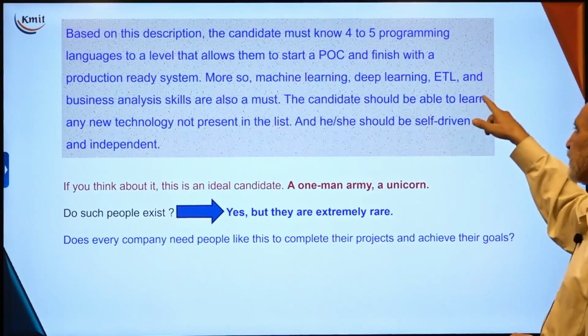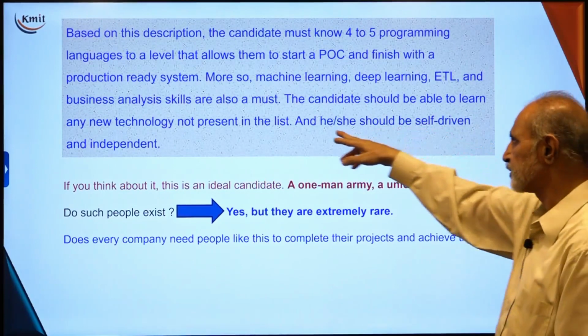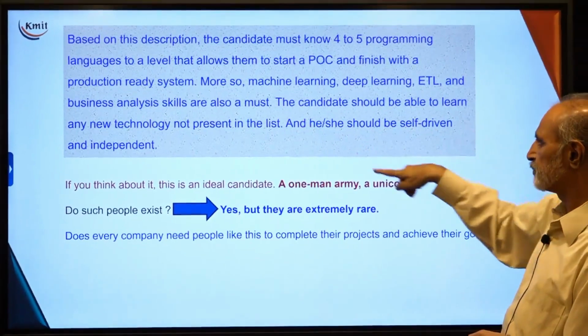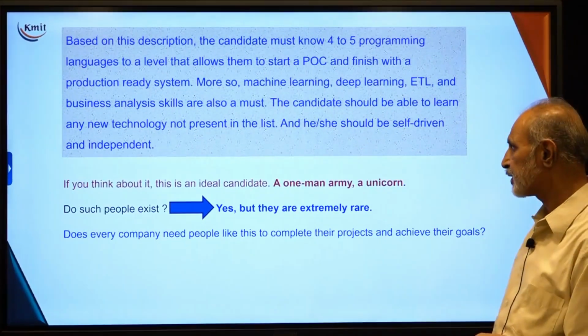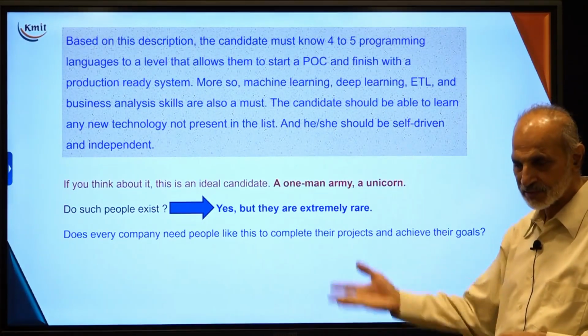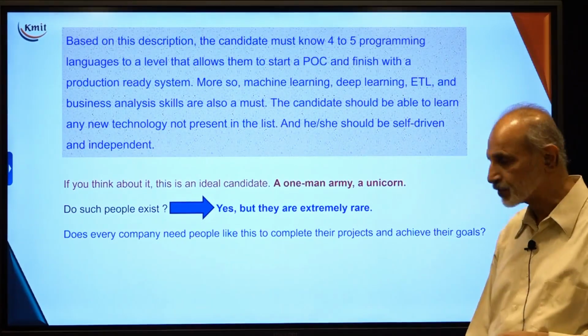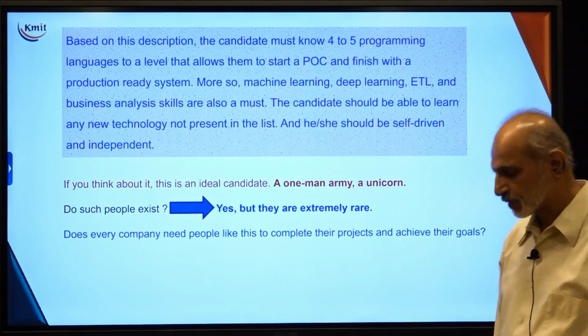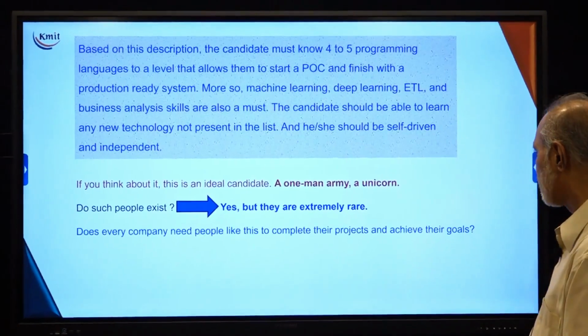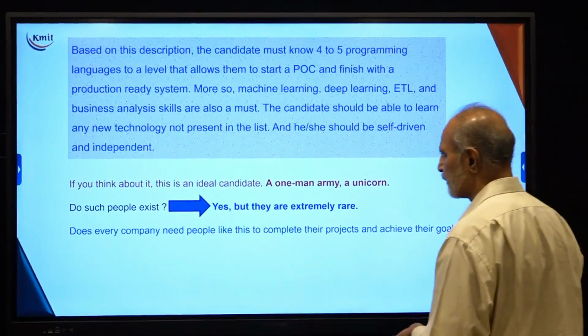Machine learning and deep learning, ETL analysis and all those things are a must. The candidate should be able to learn a new technology not present in the list. So, the list is not exhaustive, but you should be able to quickly adapt to new technology and be self driven and independent.